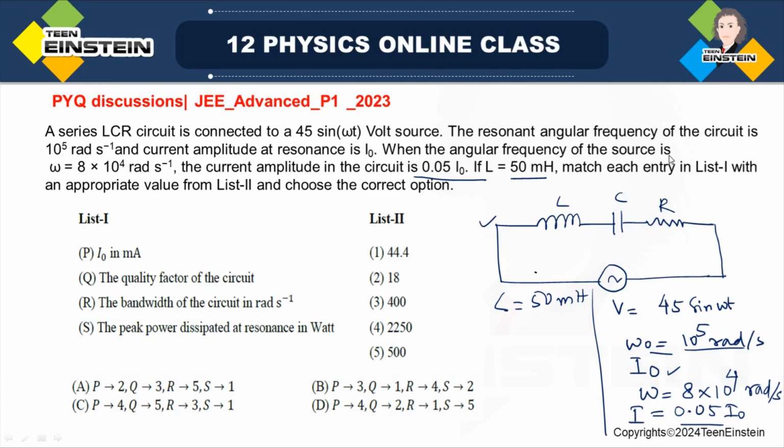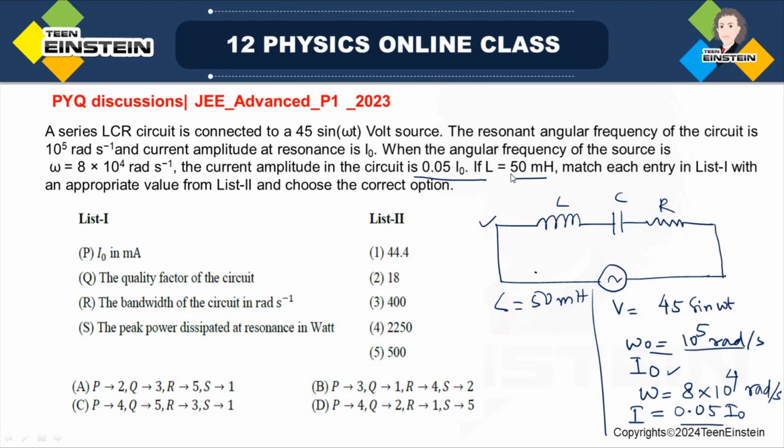When the angular frequency of the source is omega equal to 8 into 10 to the power 4 radian per second, the current amplitude in the circuit is 0.05 times I0, that is the amplitude of the current at resonance condition of the circuit.